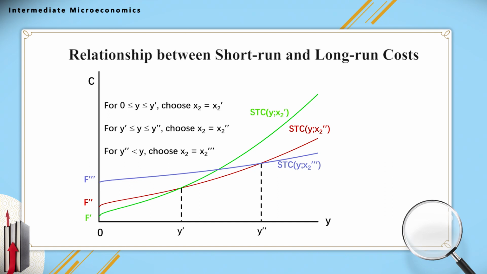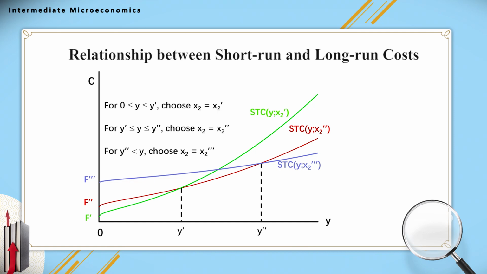When the output is above y double prime, the optimal production scale corresponds to the blue cost curve. In other words, if a factory has fewer orders, it is better for the producer to build a smaller factory. If the order volume is larger, the factory needs to expand production.